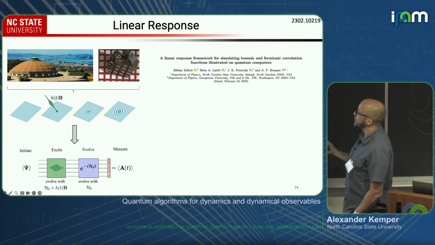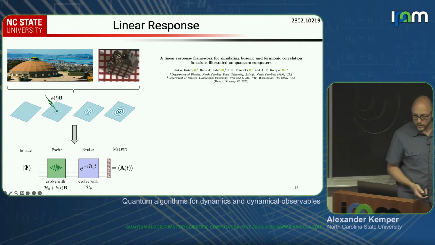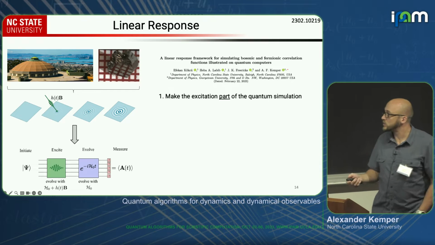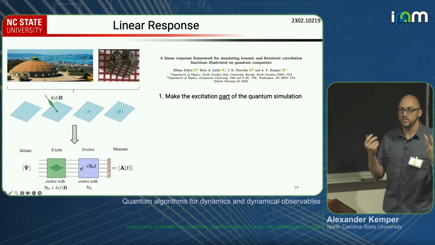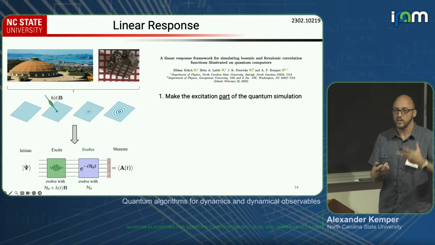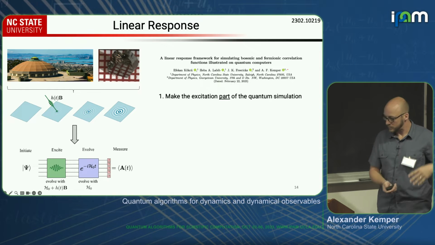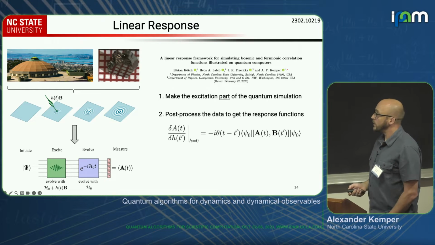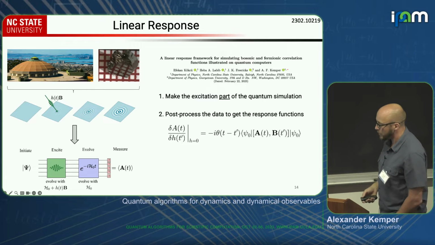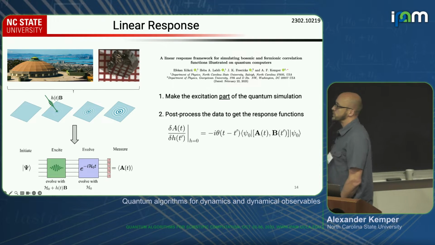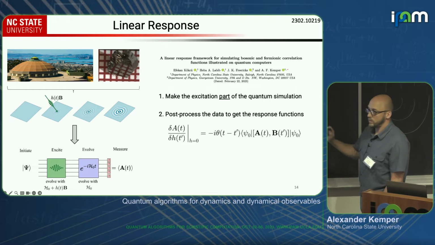This works within something called linear response, so we call it a linear response framework. The idea is just to make the whole excitation, the whole process of measurement, part of the simulation rather than something that you bolt on after the fact. And then once you have your data, you can post-process to get response functions out. I'll tell you a bit more about exactly how we get there in a minute.